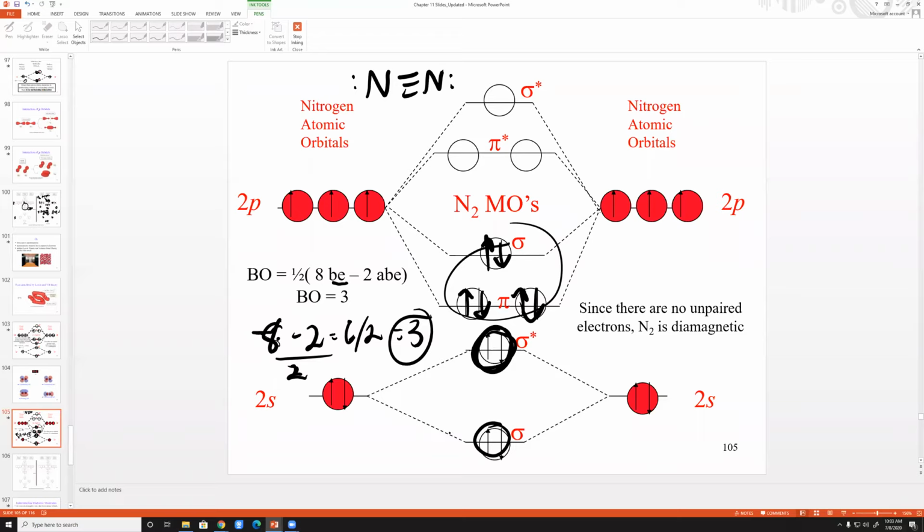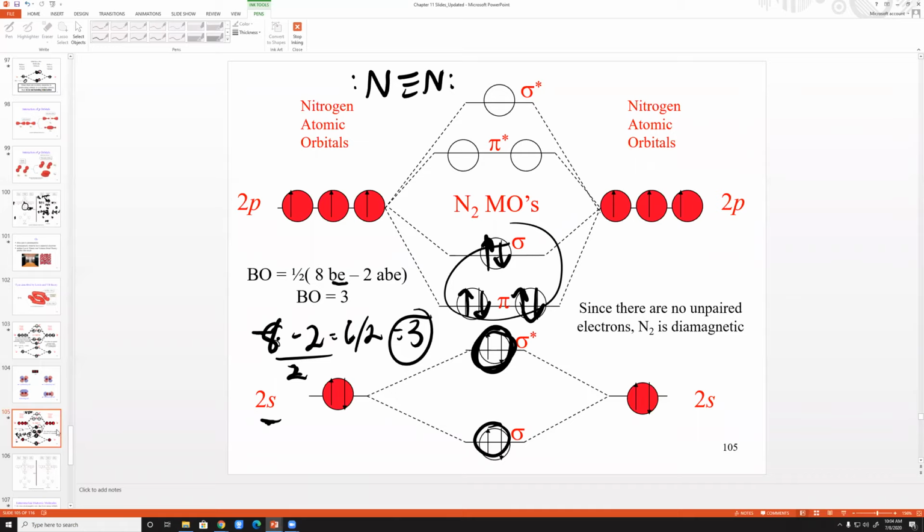I was going to say, where's the s subshell? It's on the bottom right here. And if you're combining 4 electrons, where do the other 2 go? They're anti-bonding. They're here.